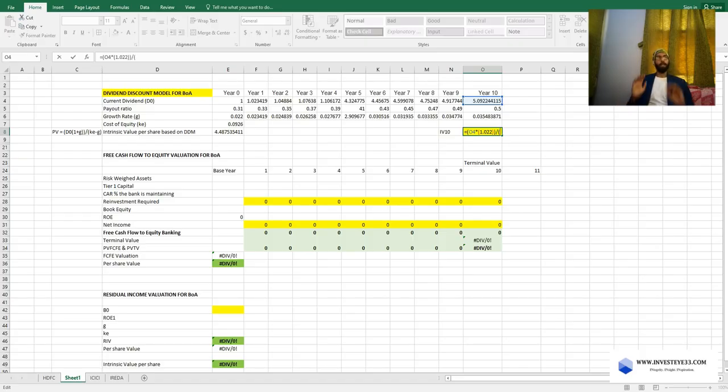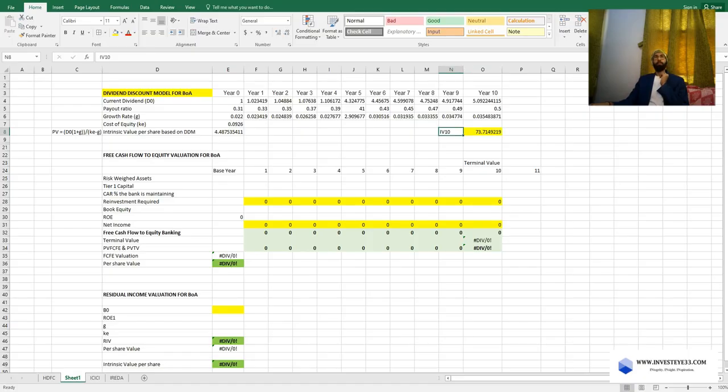Cost of equity, we keep it constant, which is 9.26%, minus the perpetual growth rate, which is 0.022 or 2.2%. Now we have this value of $17.7149219, right? This is the year 10 valuation, right?